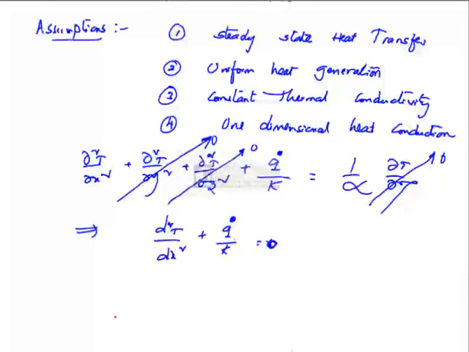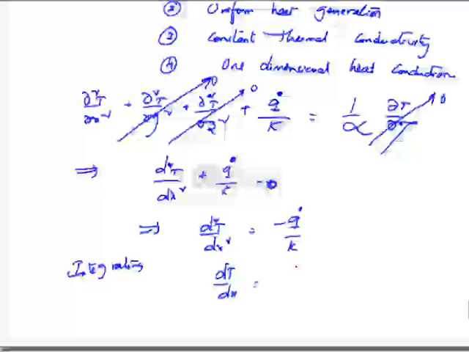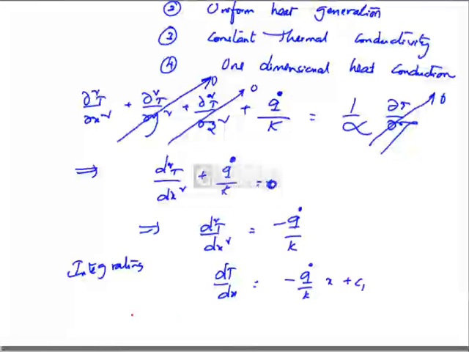Now, if you separate the things and integrate, we get dT by dx is equal to minus Q dot by K into x plus C1.